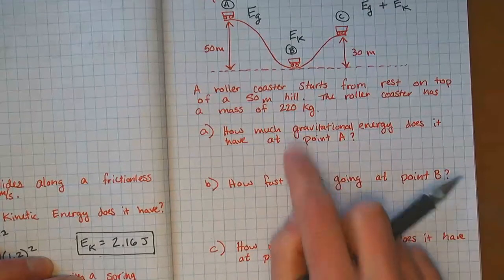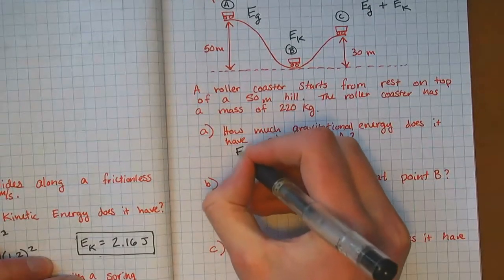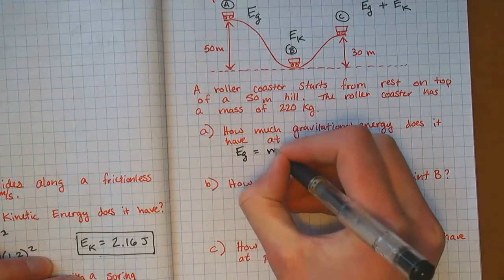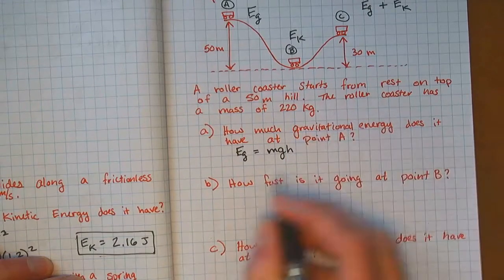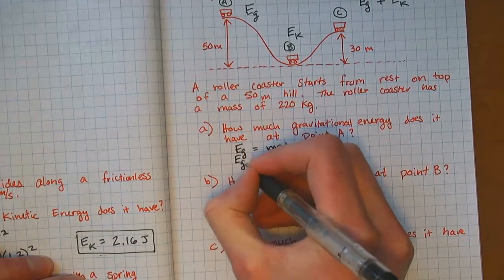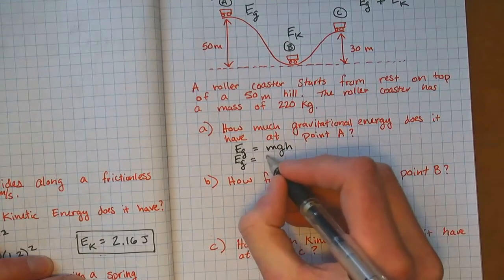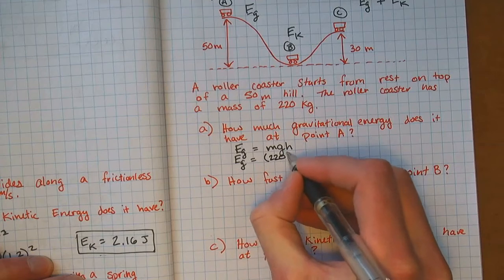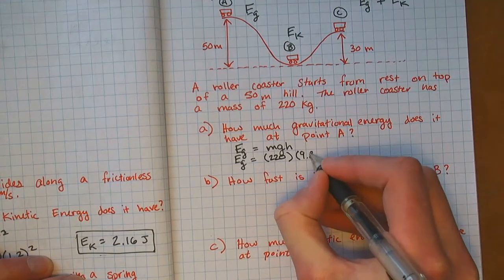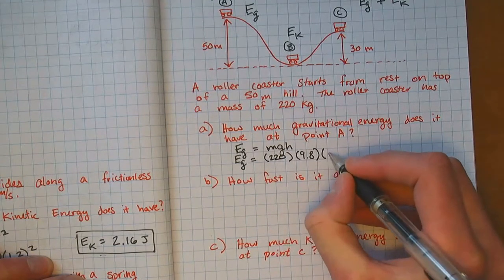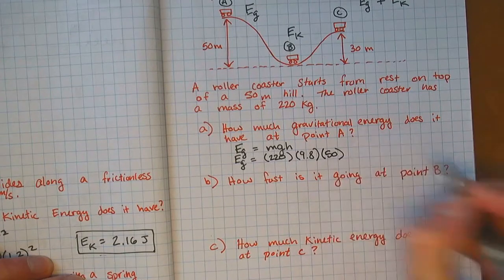Now that we've thought about that, let's go back to A. How much gravitational energy does it have at point A? Gravitational energy is pretty easy. It's mgh. The mass is 220 kilograms, g is always 9.8, and h is 50 meters.